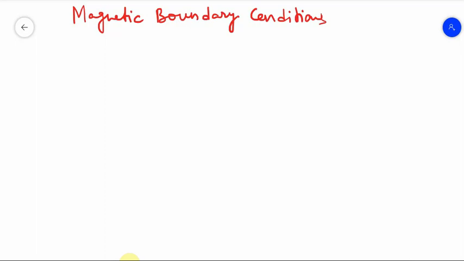There was electrostatic media, between two dielectrics or conductor and free space. Here we have two magnetic media with different permeability.